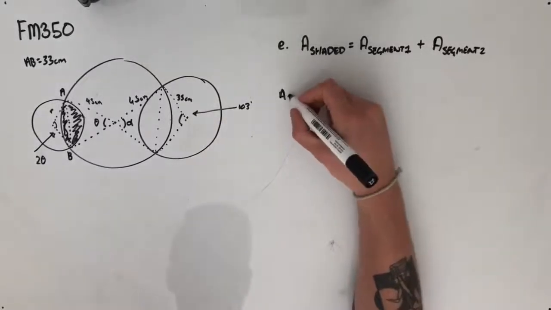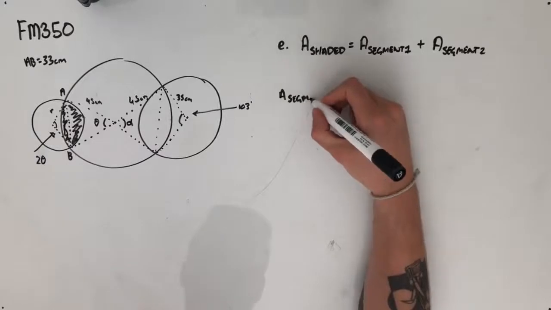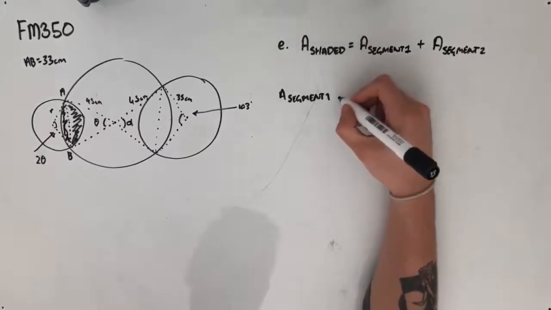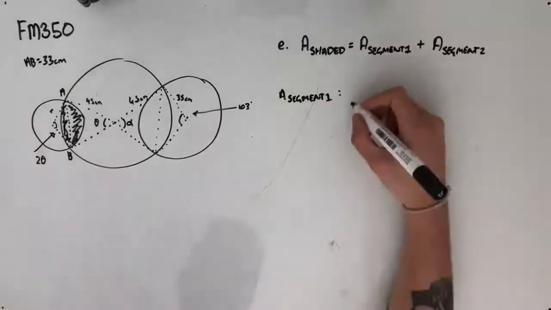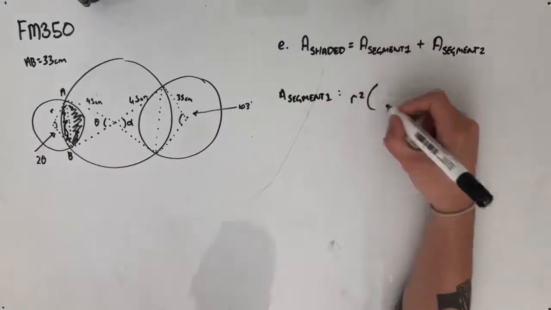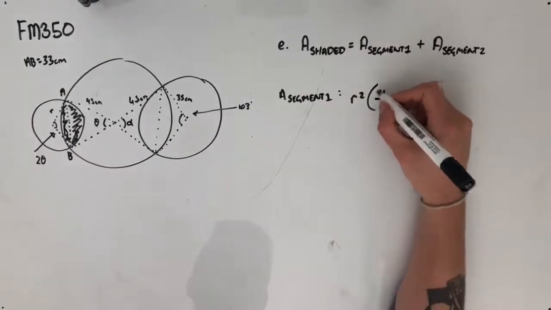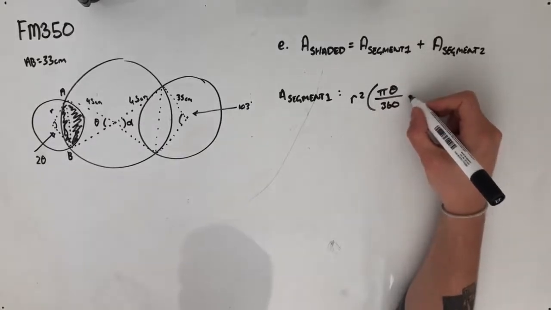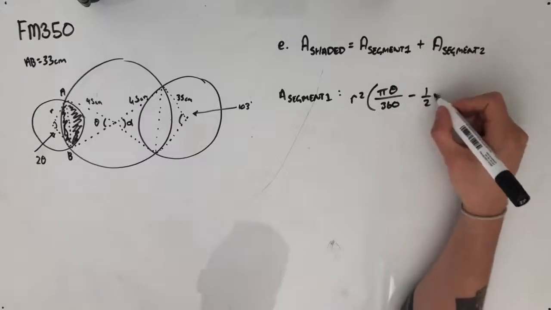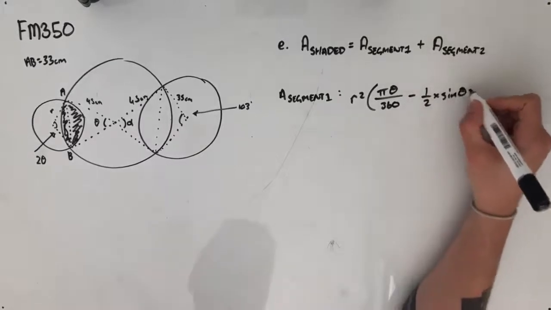So the area of segment 1: we know that the formula for finding the area of a segment is r squared times pi of theta over 360 minus 1 over 2 times sine theta.